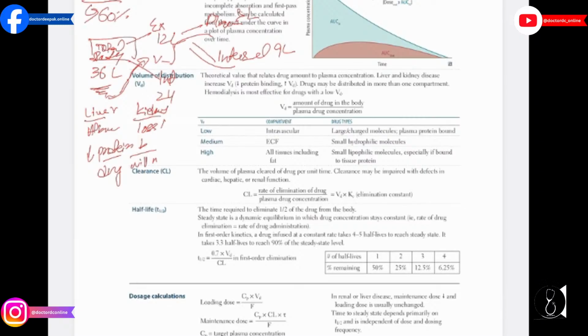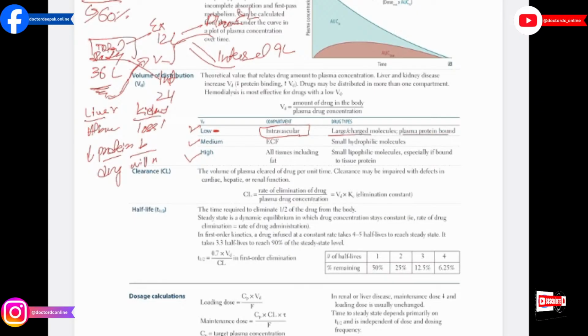If you see this table, the volume of distribution can be low, medium, or high. If the drug is only present in the intravascular compartment, the volume of distribution is low; this happens when the drug has large, charged molecules and binds with plasma proteins.